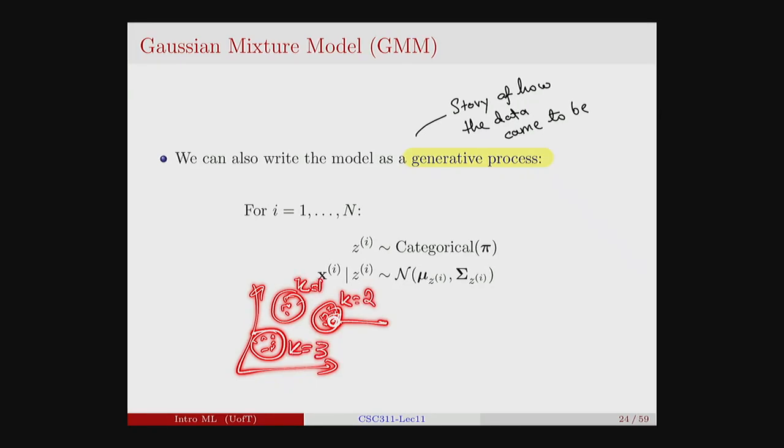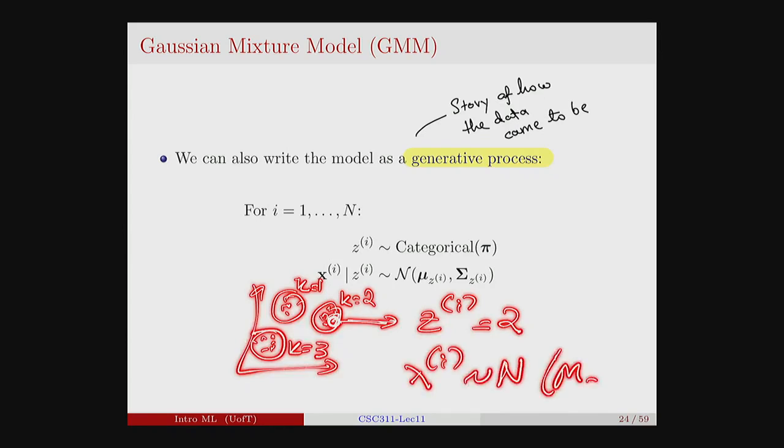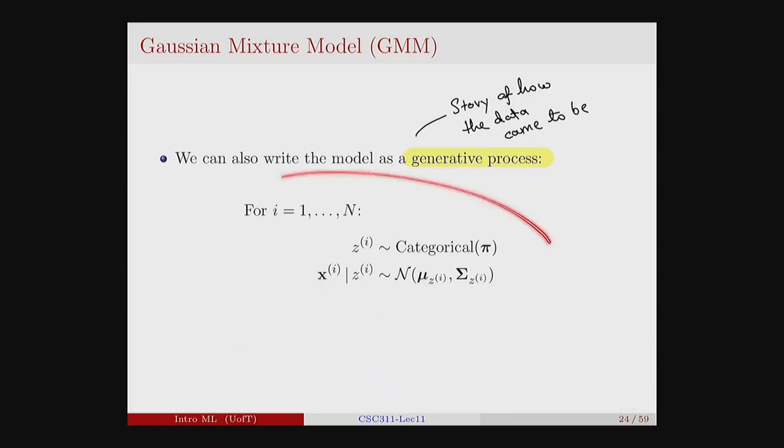So first zi was sampled to be the value 2, and then xi, whatever it is, was sampled from a Gaussian distribution with mean and covariance 2. So that's what these equations are telling you. Any questions about the generative process of this data?